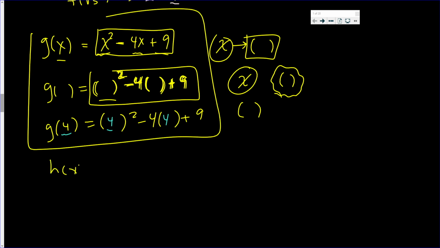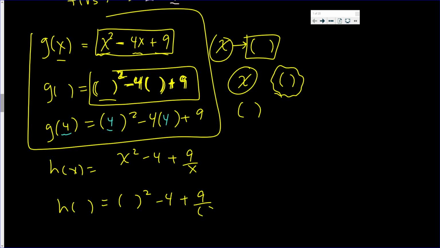Suppose I tell you that h of x is x squared minus 4 plus 9 over x. So h of x, or h of blank, is equal to x squared minus 4 plus 9 over x. This is just artwork. Instead of x, you put that. That is not mathematics.